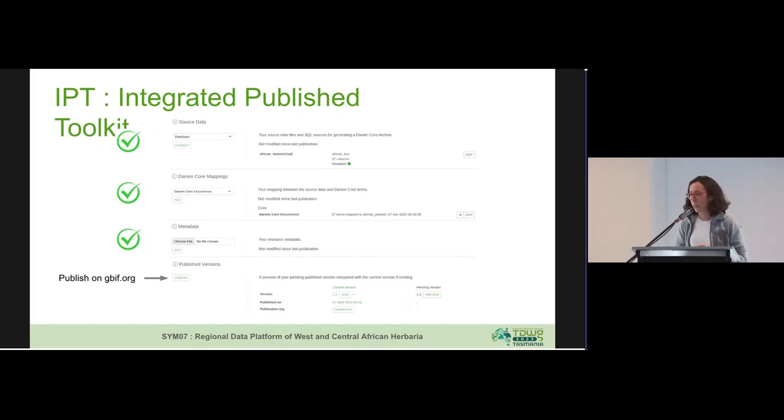We have mapped the RIA model to the Darwin Core model and created metadata. So now these data are available on the GBIF website. And if we update this data on the RIA platform, to publish it on the GBIF we just have to republish it thanks to the IPT.